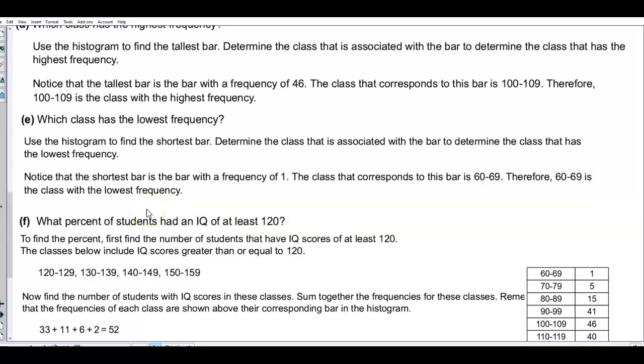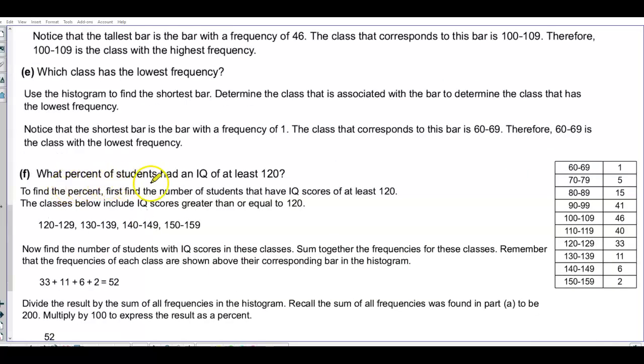Okay, now we need to find out what percent of students had an IQ of at least 120. Now to find the percent, first find the number of students that have IQ scores of at least 120 and above. So that means the classes below are going to include IQ scores greater than or equal to 120. So when we look at this, we have 120 to 129.